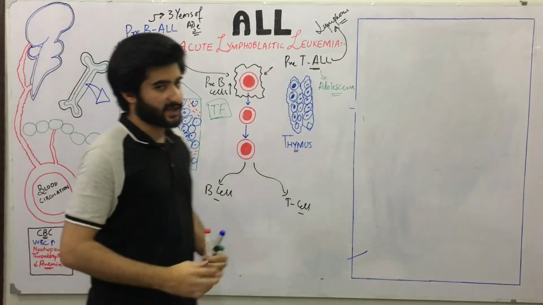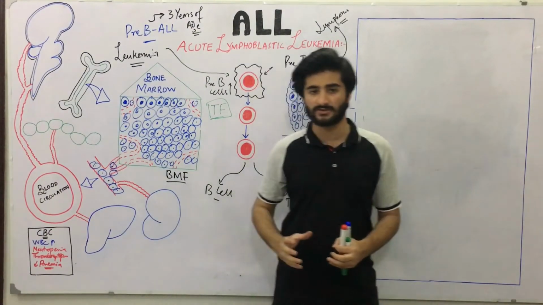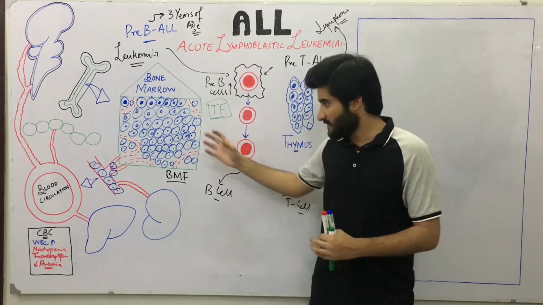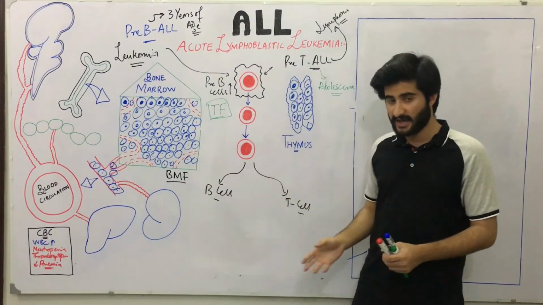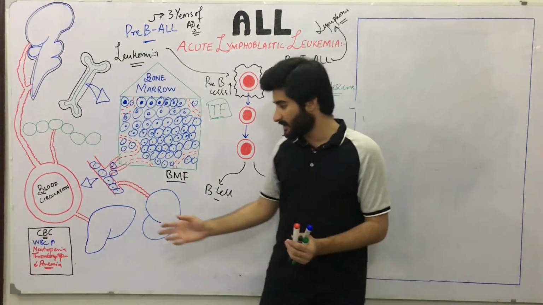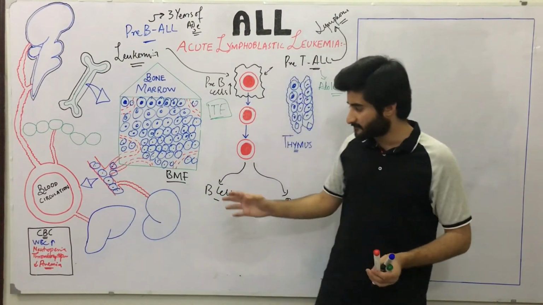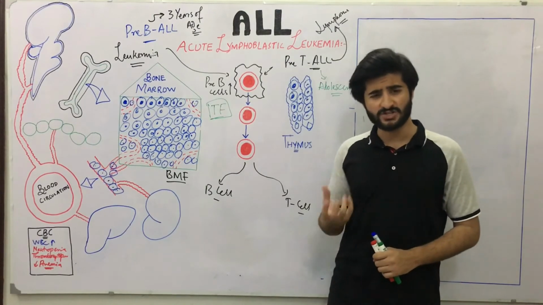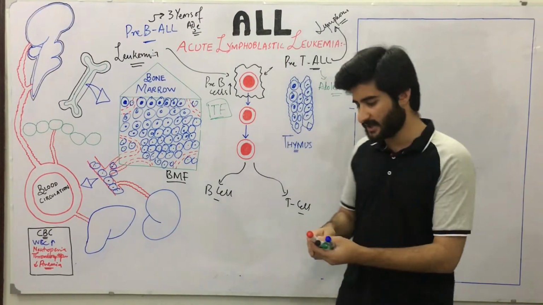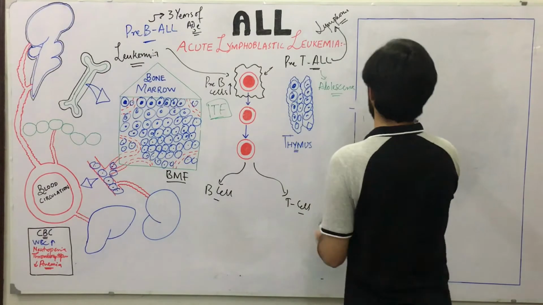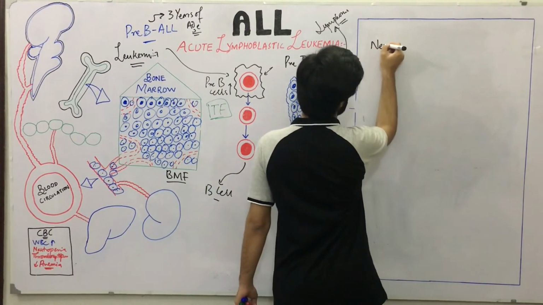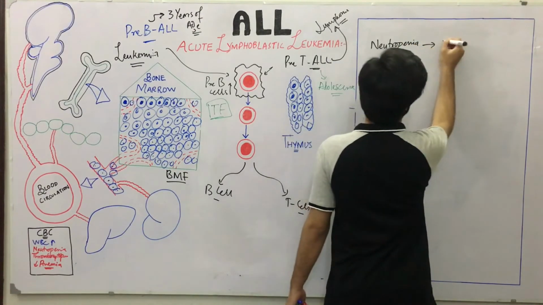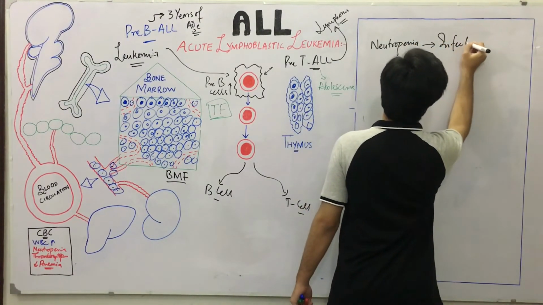As a result, we are having leukocytosis, but this leukocytosis is formed of immature blast cells, and there will be features of bone marrow failure, and as a result of this bone marrow failure, we will have neutropenia, thrombocytopenia, and anemia. So, what are the features of neutropenia? The feature of neutropenia is that this person will be prone to infections. Because of neutropenia, that is the neutrophil count is low, this person is prone to infections.